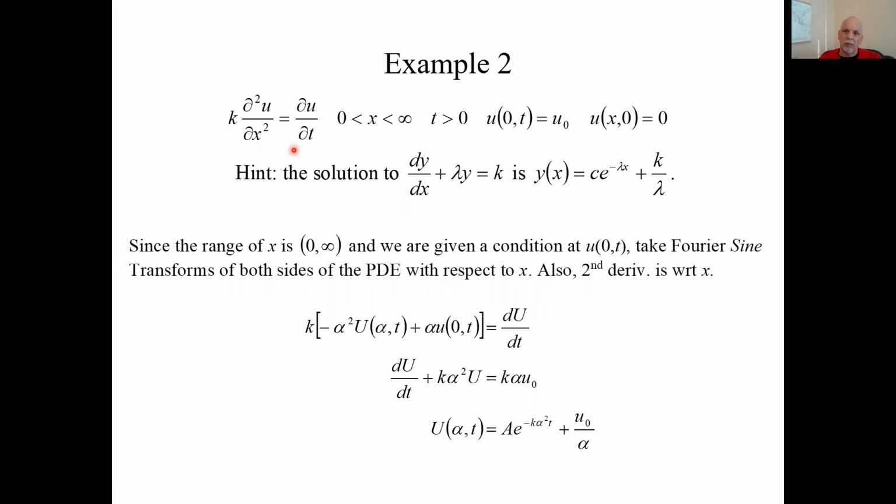It's the same partial differential equation. So we're looking at taking some kind of transform with respect to x, not t. The range is semi-infinite. This right here tells us we're either using the sine transform or the cosine transform.